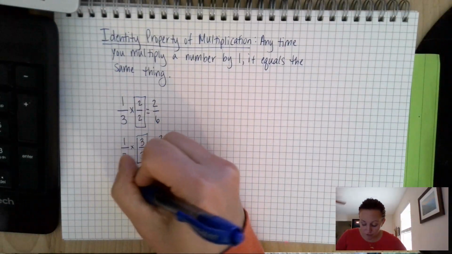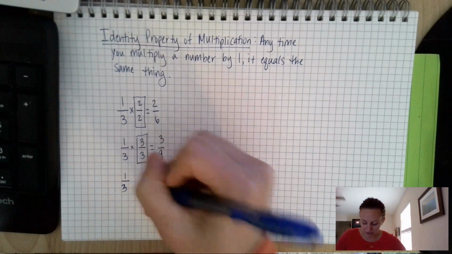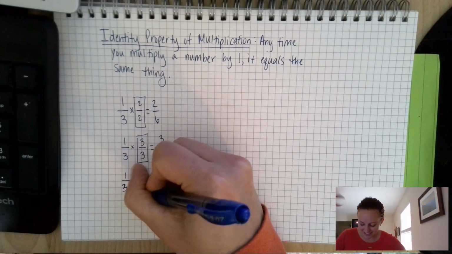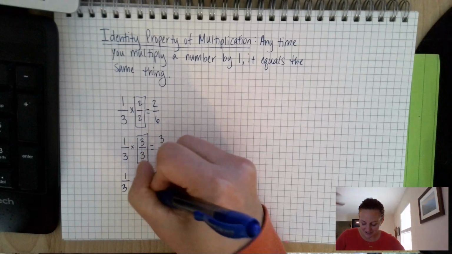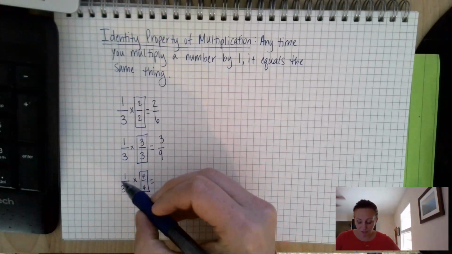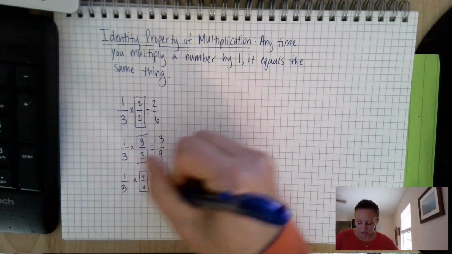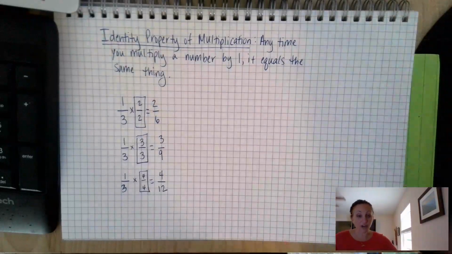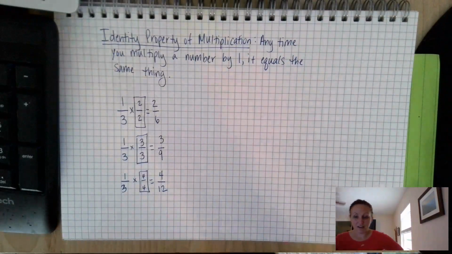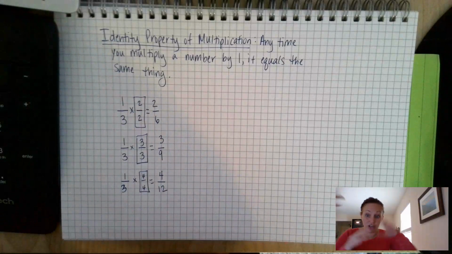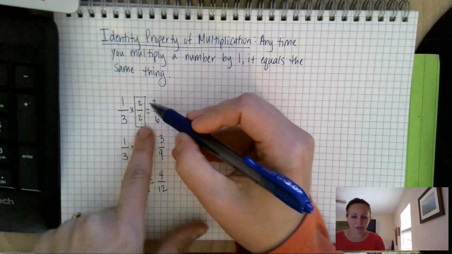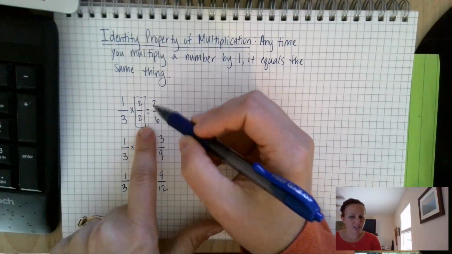What about 4 over 4? If I multiply by 4 over 4, 1 times 4 is 4. 3 times 4 is 12. So we can find an equivalent fraction for any fraction by multiplying it by a fraction that equals 1.